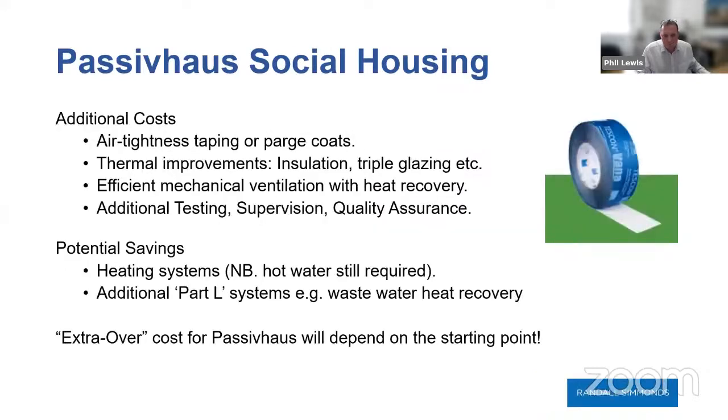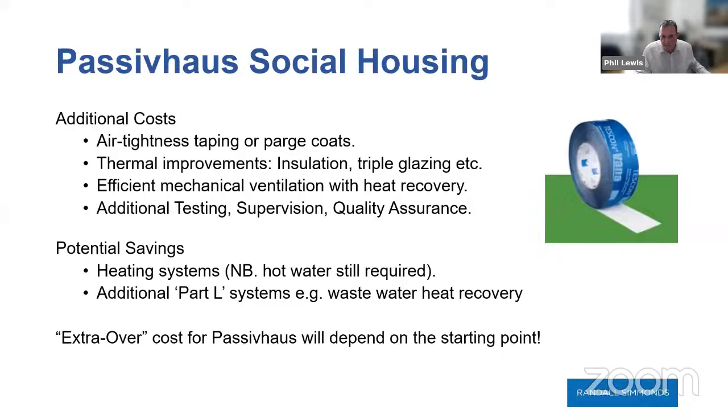So I think I'll quickly go on from this slide, because I think we'll probably all understand what those additional costs are in terms of scope items. There is more scope in a Passive House scheme, because we're building a better quality product that's not going to have a performance gap. So yes, of course, there are things that wouldn't be included in a building regs scheme.